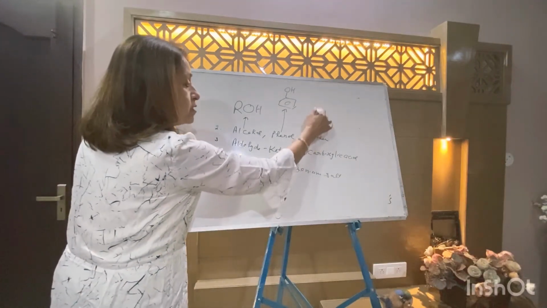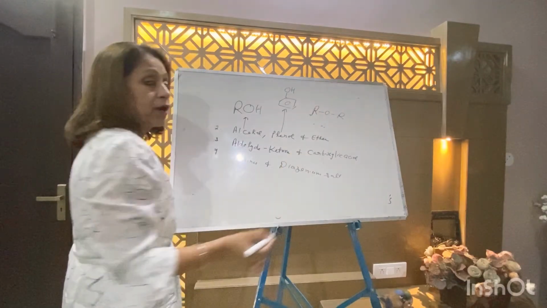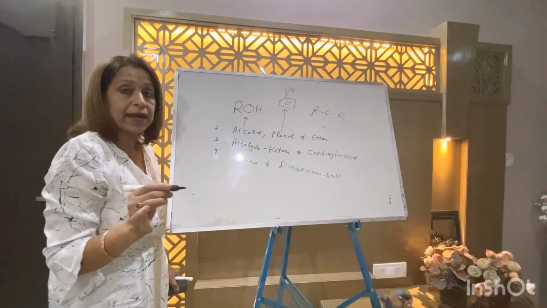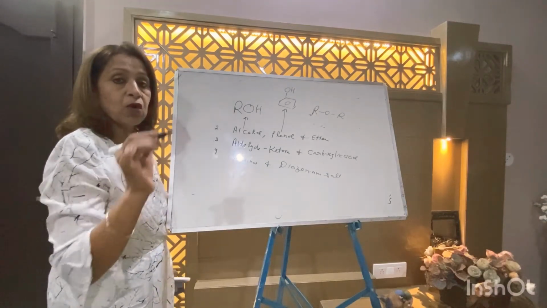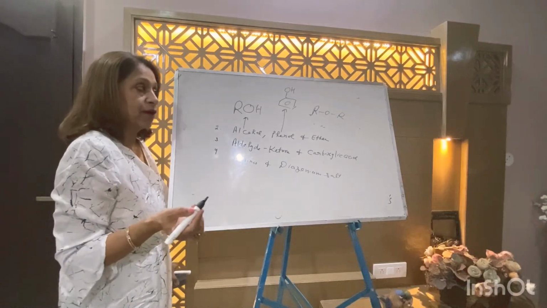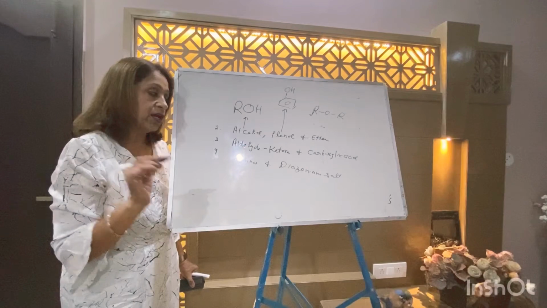And ether is ROR, maybe aliphatic or aromatic. The oxygen atom is surrounded by 2 R groups, or 2 benzene rings, or 1 R and 1 Ar group. This is alcohol, phenol and ether.